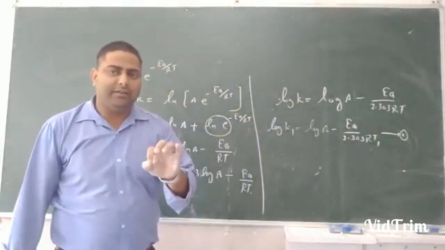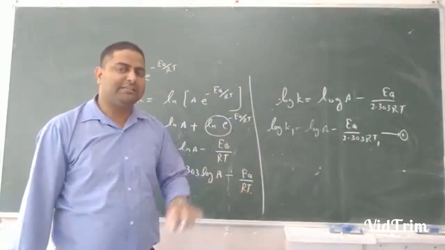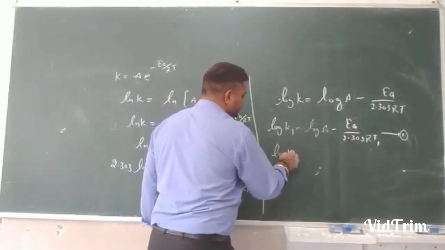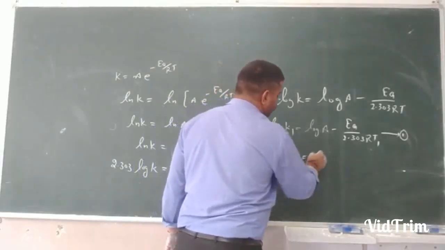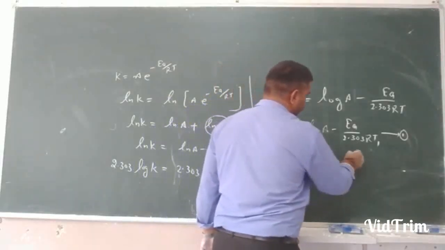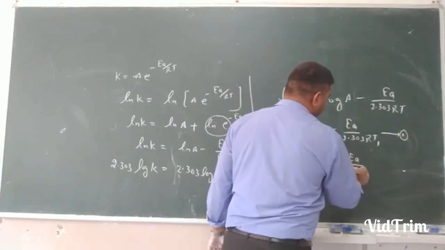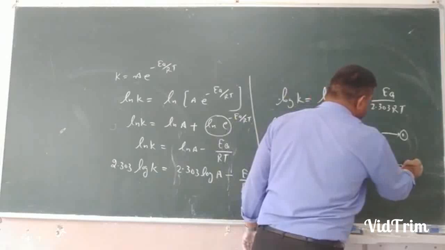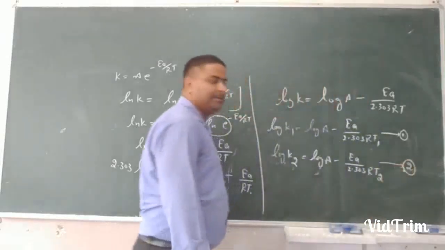Similarly, when the temperature of the reaction changes to T2, the rate constant is k2. So log k2 = log A - Ea/(2.303 R T2). This is equation number 2.